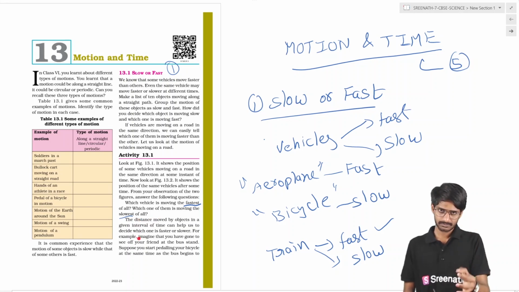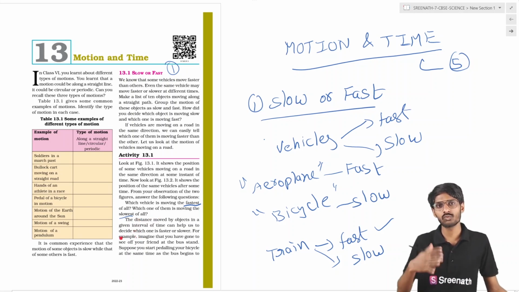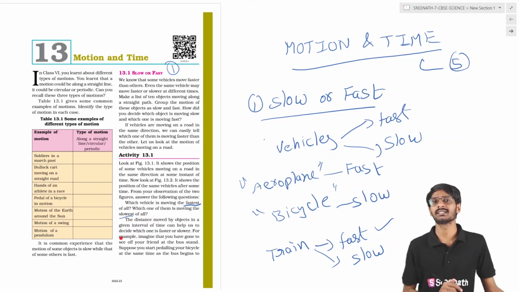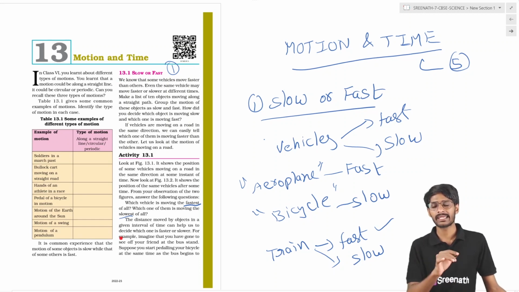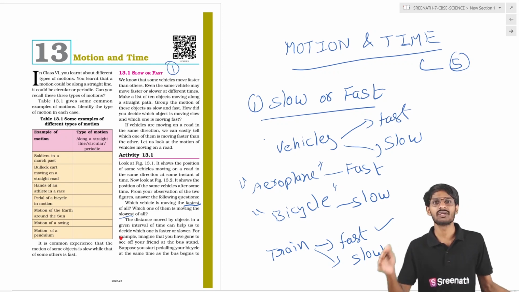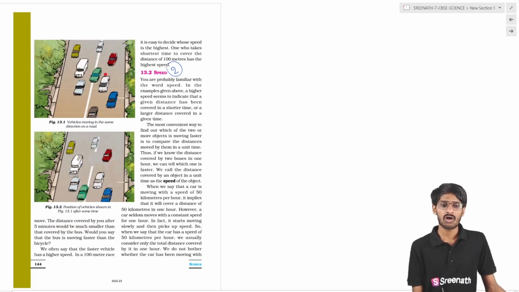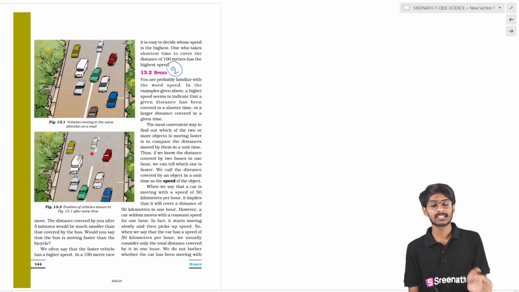How we decide is, if you know the distance traveled by a vehicle in a given interval of time, then you can easily decide which one is moving fast. We give some time interval, and after that time interval, you measure how much distance they have moved from this place to this place within that time interval.